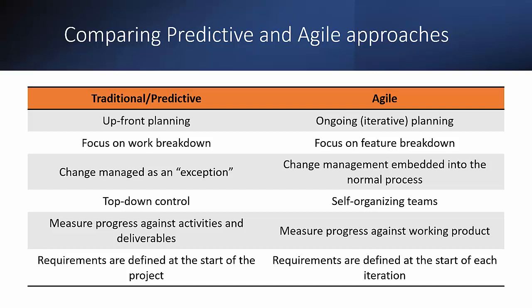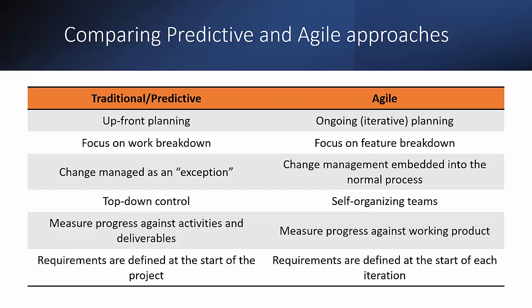So, for example, in a predictive approach, obviously being predictive, we have planning up front, while in an agile approach, we have a guideline which constantly evolves throughout the iterations. As the iterations evolve, also our understanding of what is priority evolves.